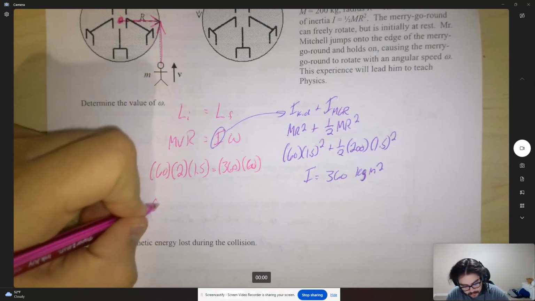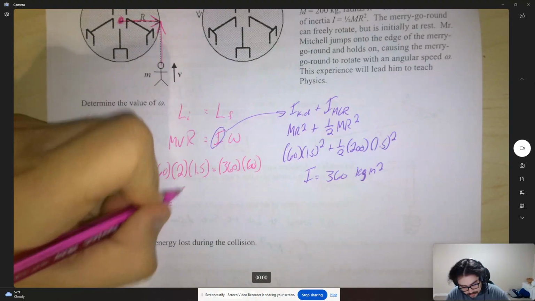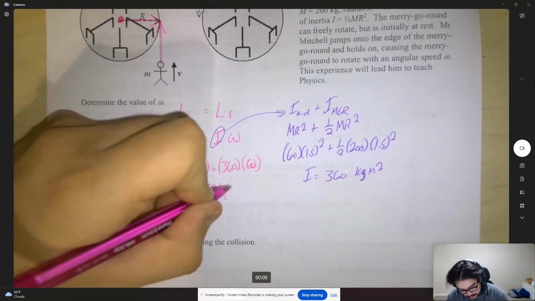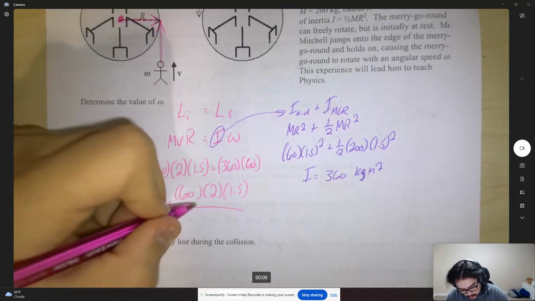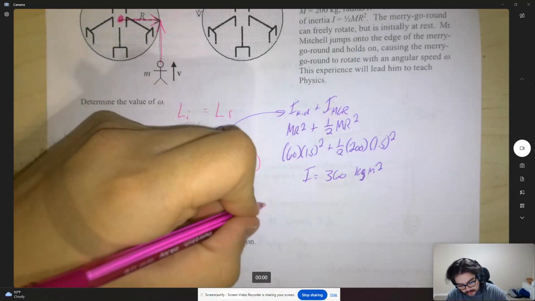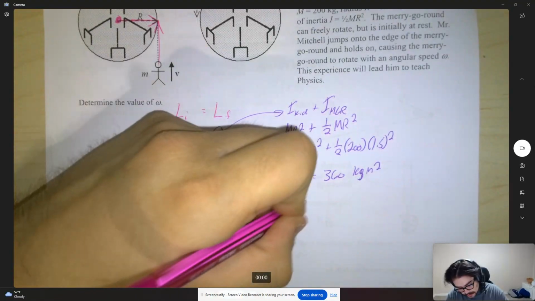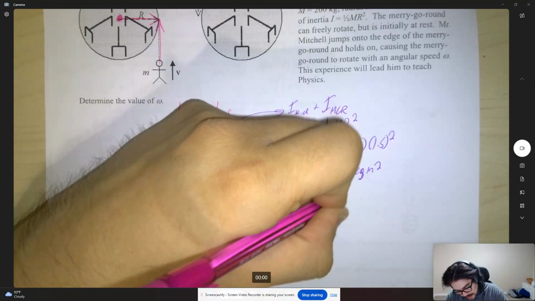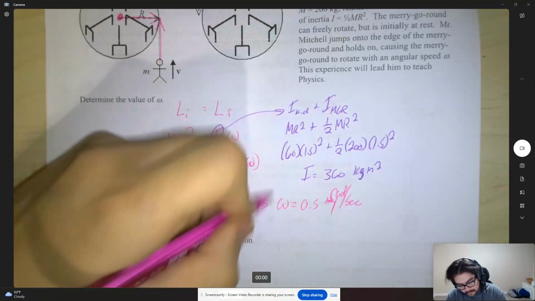So omega equals 60 times 2 times 1.5 all over 360. When you calculate that out, I end up getting omega equals 0.5, sorry, not meters per second, rad per second.